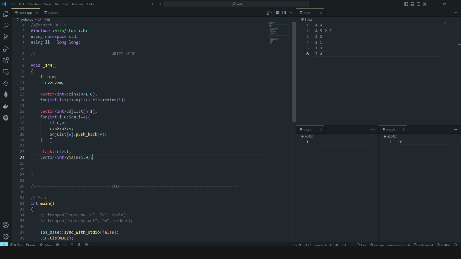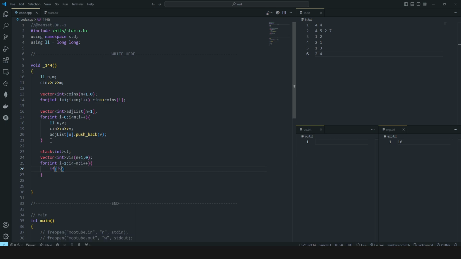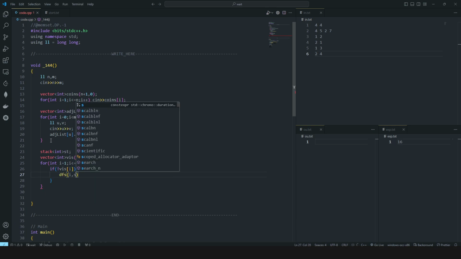Initially every node is unvisited, that is every room is unvisited. Then after that I will start my DFS call in order to fill the stack, right? So it will be like this, and if this current room is not visited, then I will start my DFS call through this room, and I will be passing the stack, and I will also be passing the adjacency list as parameters, right?